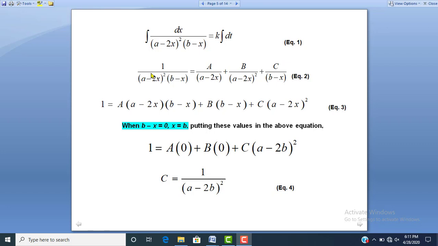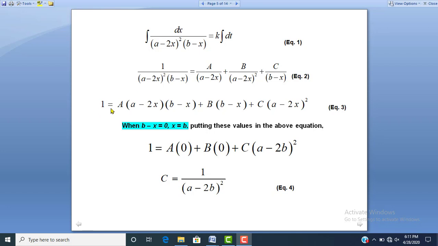Dear students, now we will multiply both the left hand side and right hand side of equation number 2 with the denominator (a minus 2x) square into (b minus x). So when we multiply the denominator with both sides of equation number 2, here at the left hand side only 1 remains.